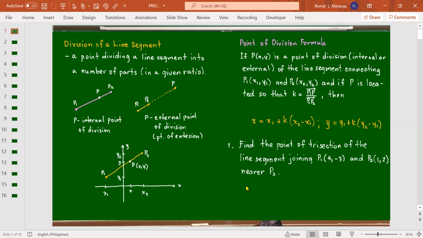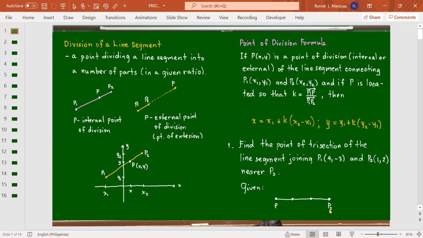So let us illustrate arbitrarily. So meaning I'm not going to draw the actual figure, no? So we have a line segment, and this line segment is to be divided into how many equal parts? 3, no? 1, 2, and then 3. 1, 2, 3.